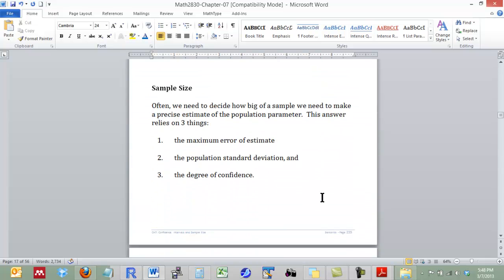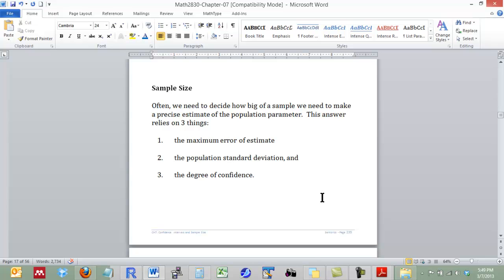The last thing we need to know is that sometimes, instead of having a sample and calculating our confidence interval, we're interested in planning how big of a sample I need to take to get the level of precision I'm interested in. To get to that answer, we need to know a couple of things.